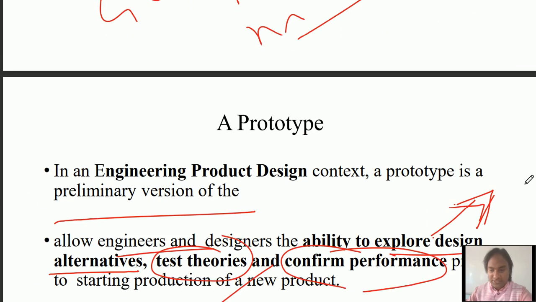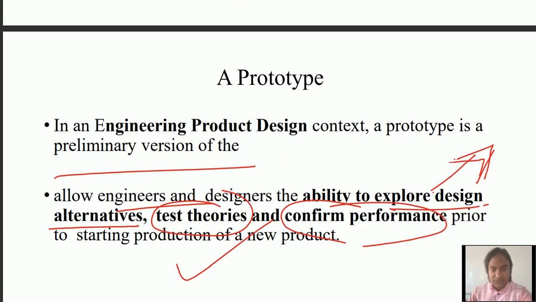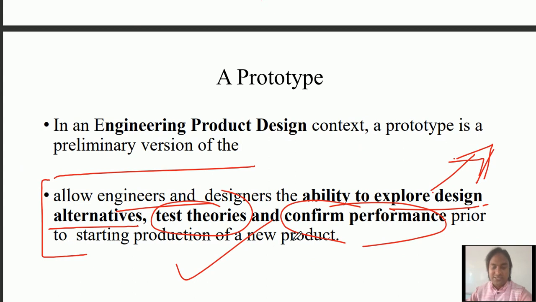That is what is being told here. This is what it tells us, that it allows engineers and designers to explore various ideas, test theories and confirm performance prior to starting production of a new product. Obviously you cannot run production directly.